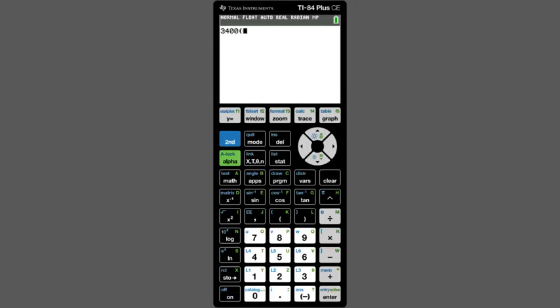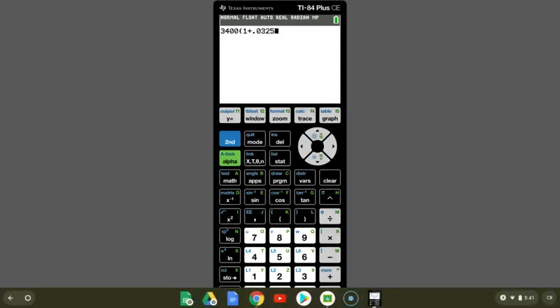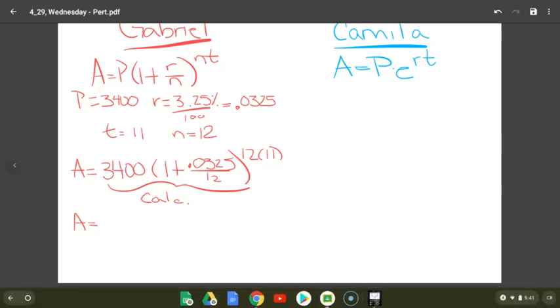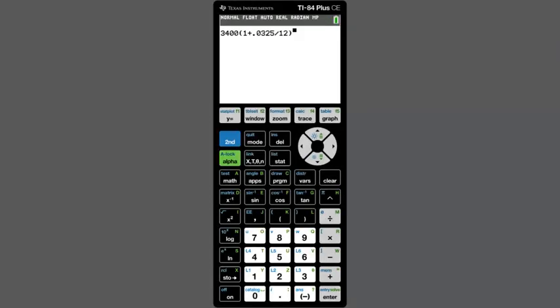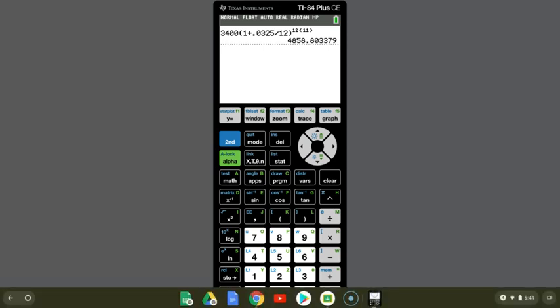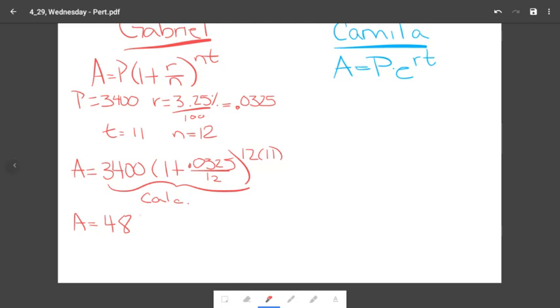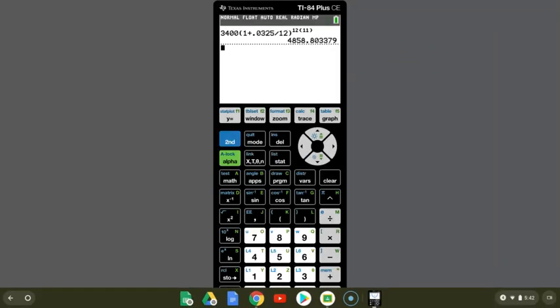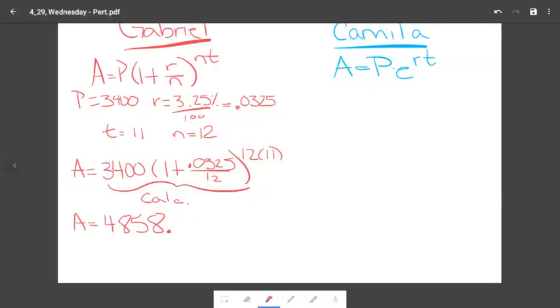So 3,400 times 1 plus 0.0325, I think it was, divided by 12, to the power 12 times 11. Hit enter. Keep the entire decimal right now. We're not done with the problem. We're not going to round. 0.803379.